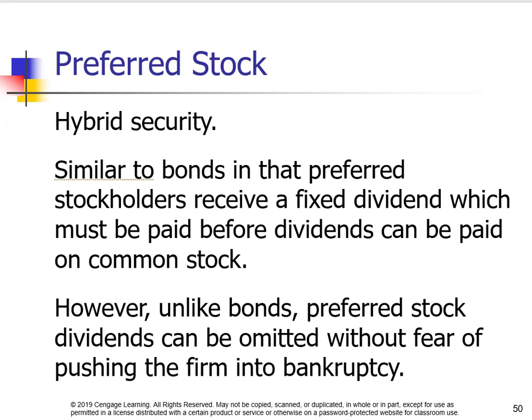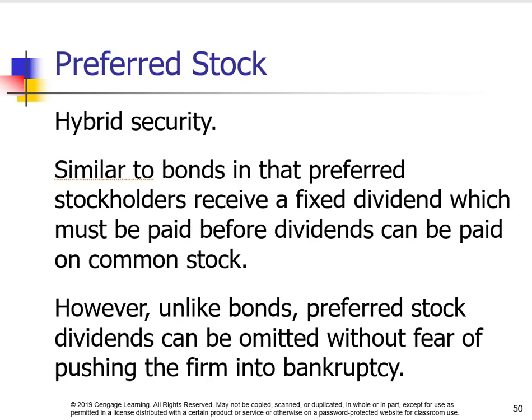Just the last thing before we leave is you can utilize the dividend growth model for preferred stocks just like you did with stocks. Preferred stocks are referred to as a hybrid security. They're similar to bonds.